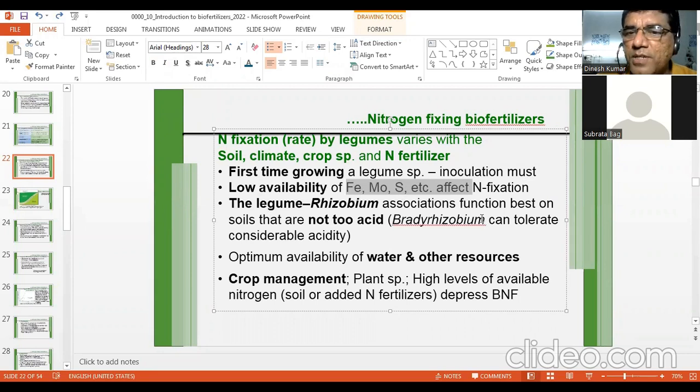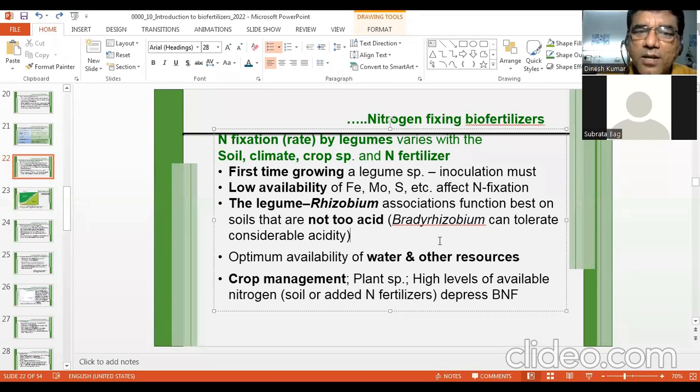Legume rhizobium association functions best in soils that are not too acidic, means soil reaction should be neutral to alkaline. Then the result will be better. And bradyrhizobium, however, can tolerate considerable acidity, but most others cannot tolerate acidity, and N fixation is less under acidic condition. Optimum availability of water and other resources.